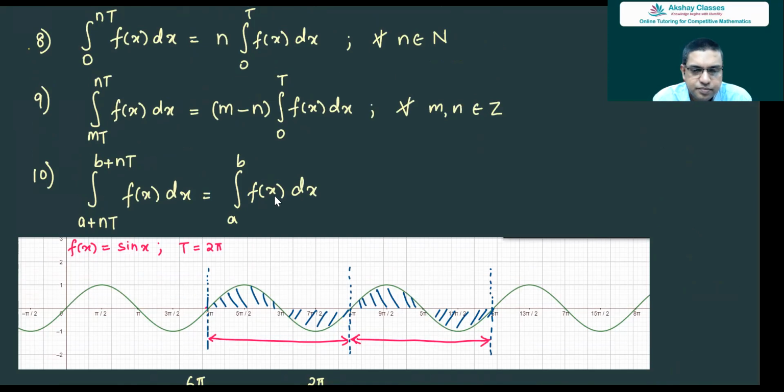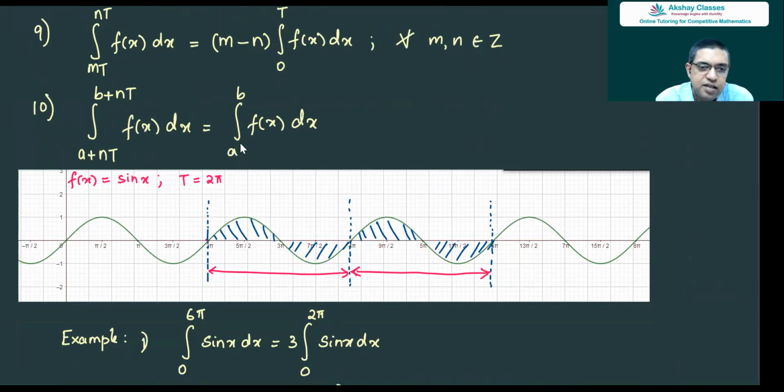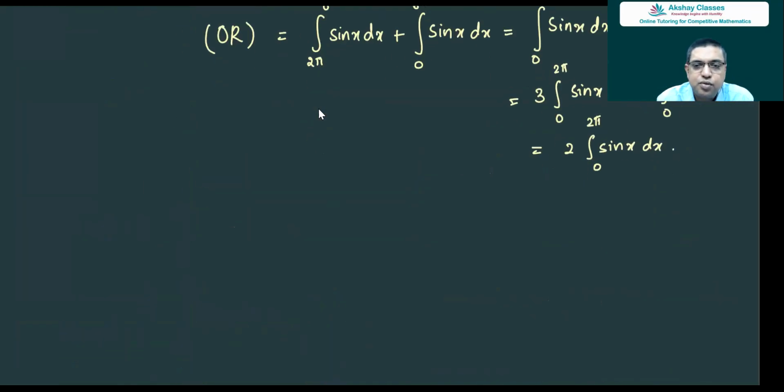Now the last one is integral a plus nt to b plus nt, is integral a to b f of x dx. So example for this, let's stick to sin x example only. I will take integral pi by 6 to pi by 2 sin x dx.